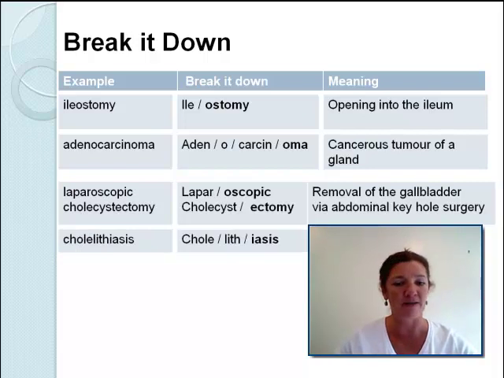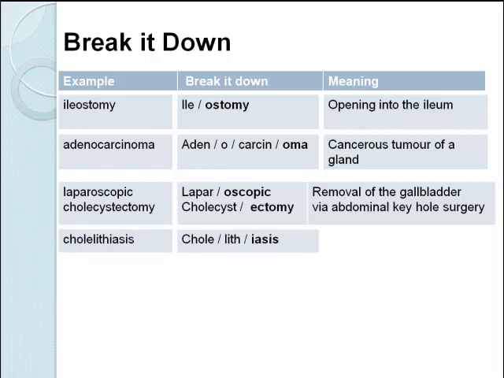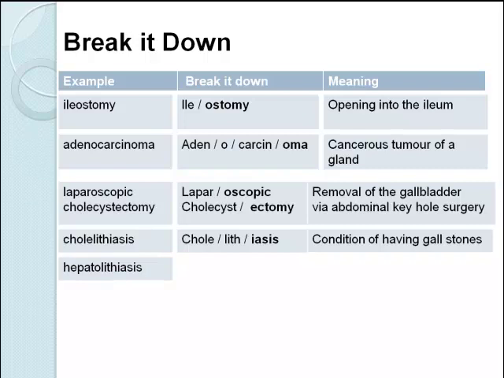Cholelithiasis, let's break it down. Cholelithiasis. Chole relates to the gall or the gallbladder. Lith is a stone, and iasis is a term meaning condition or disorder. So I have a condition of having gallstones, or a gallstone condition. Our next term, hepatolithiasis. Let's break that down. Hepat, or hepato, is liver. Lith, we know, is stone, and iasis is our condition.